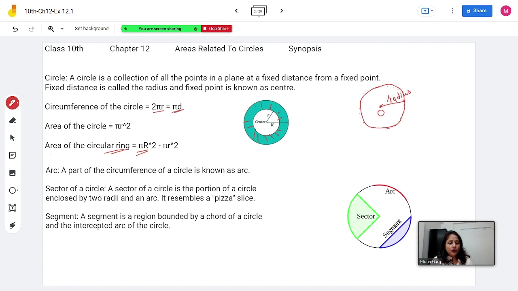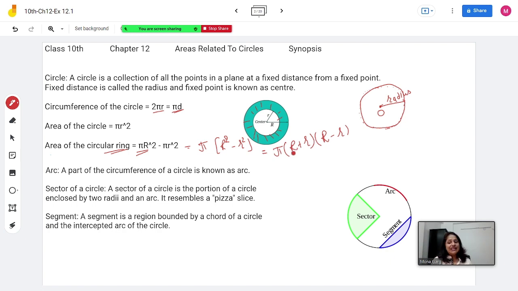This is quite helpful because we can take pi common. What will be left inside? R square minus r square. And in this we can use identity 3 to make it much easier. We can write pi (R plus r), and in the second bracket it is (R minus r). Got it?